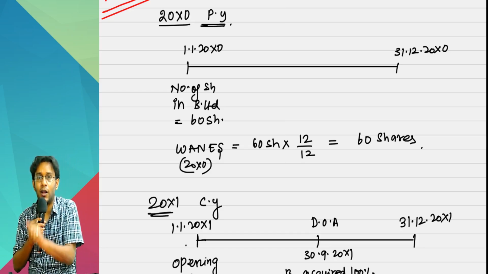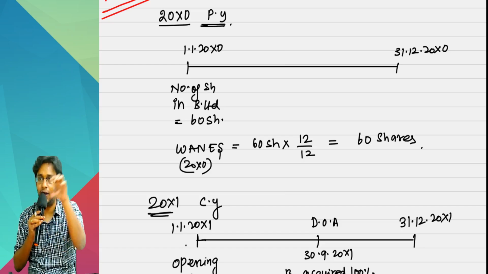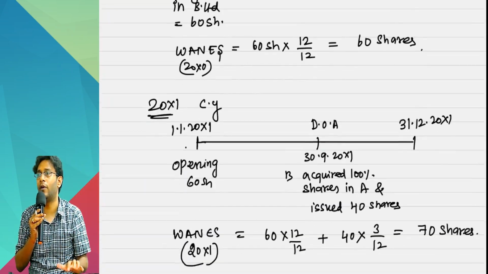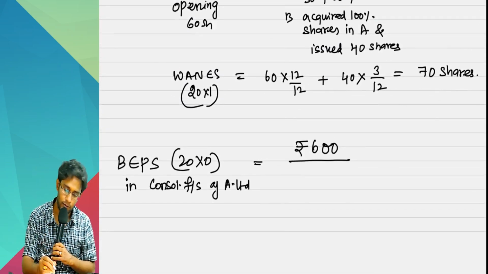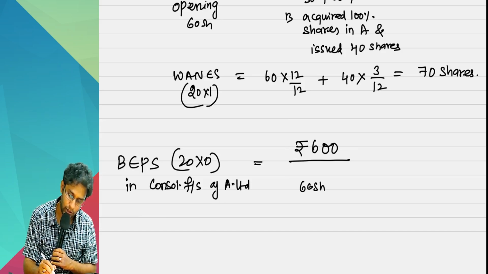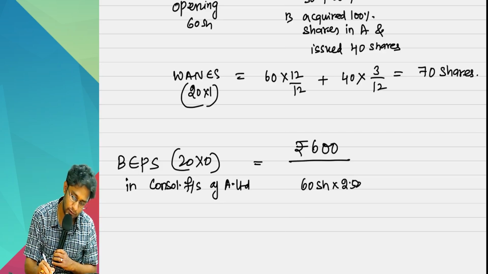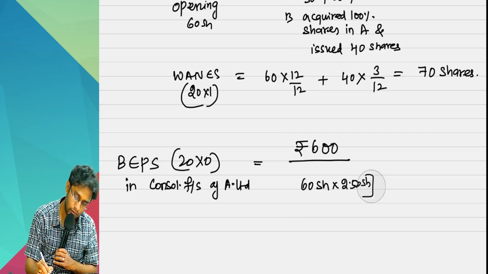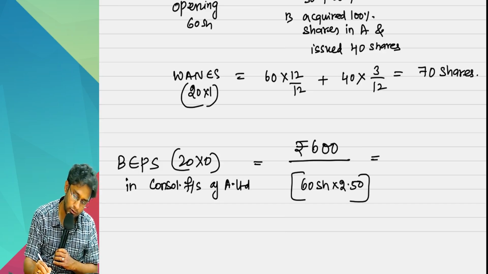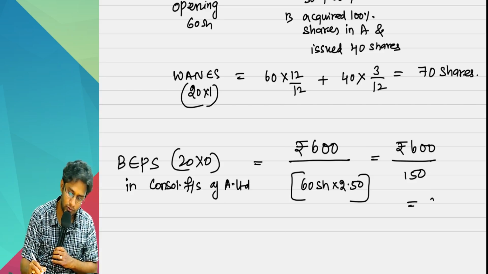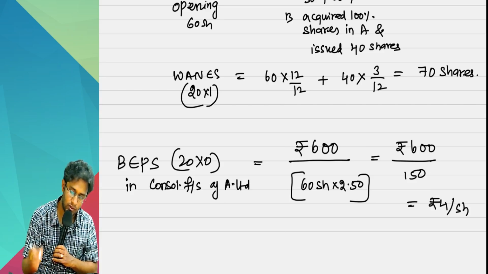Those 60 shares are now there in A Limited with the name of how many shares? 150 shares. Because 60 shares now became, each share became 2.5 shares. So that is rupees 600 divided by how much? 150. So that is equal to rupees 4 per share.